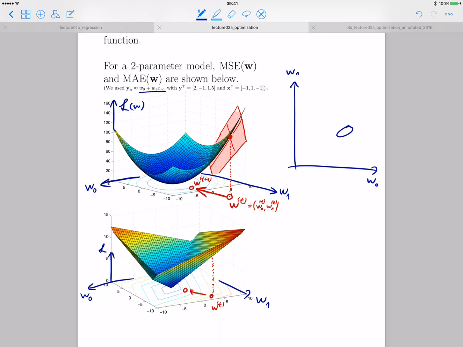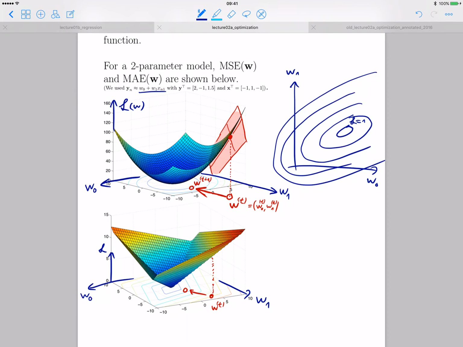So this is the top or the bottom of my mountain. So here is the line where the function value is, I don't know, 1. Then here is another line. So these are the lines where we have the same altitude, where the function value is the same. So I can plot this kind of picture here. Maybe it's 2, 3, 4, and so on. So there the function gets higher and higher.